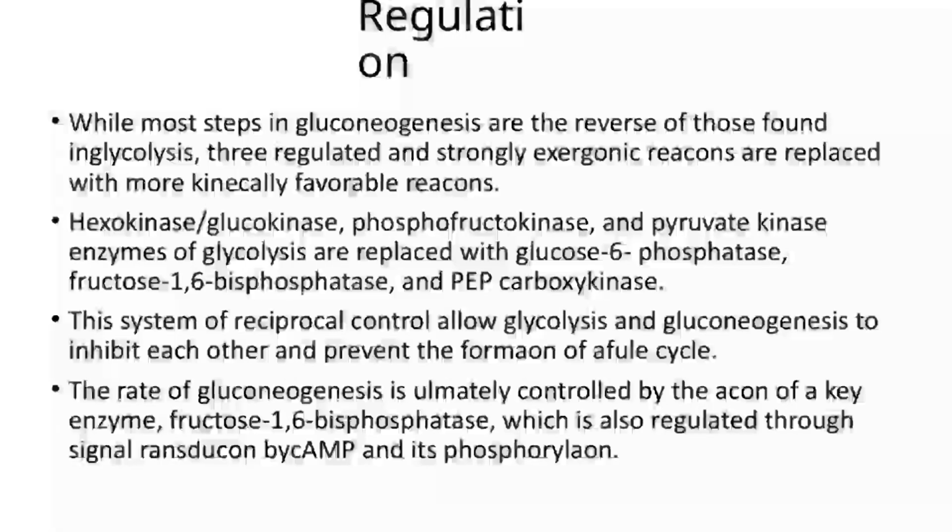Its activity is finely tuned through signal transduction pathways involving cAMP and phosphorylation, allowing the cell to respond dynamically to different metabolic needs. So, this regulation ensures that the body efficiently manages glucose production and utilization, aligning with the overall theme of metabolic control and energy balance.